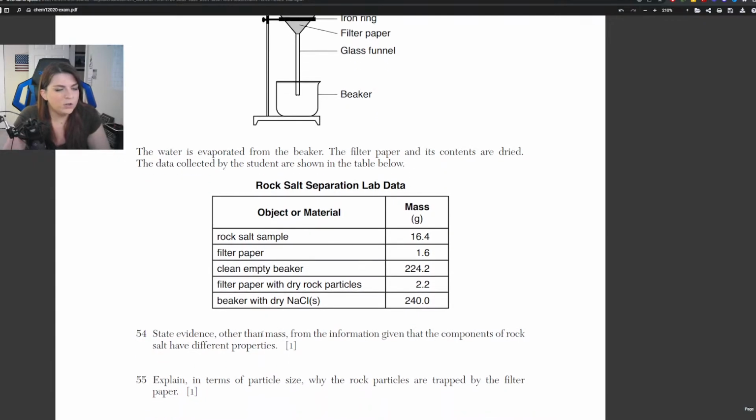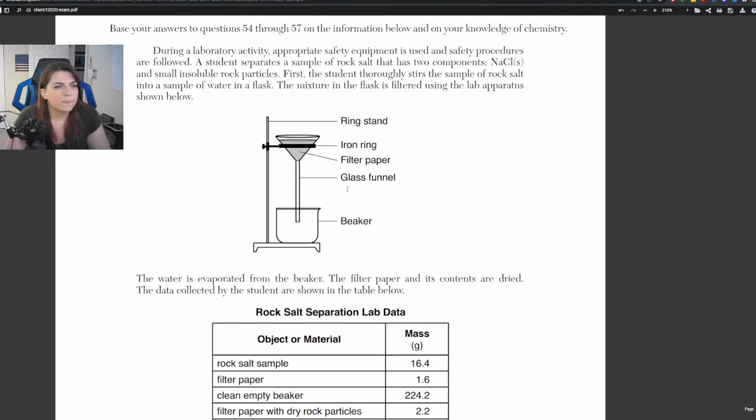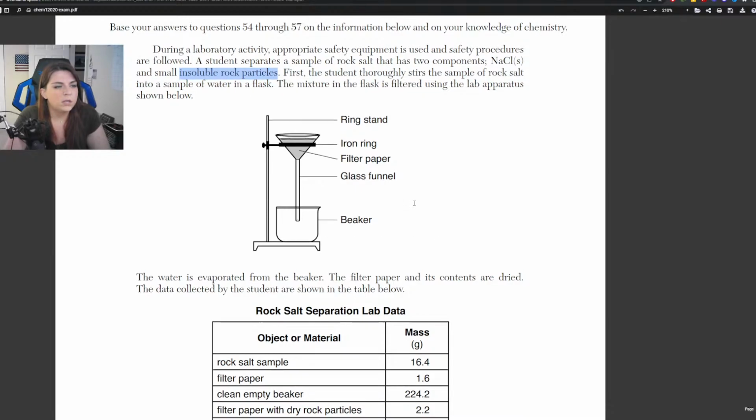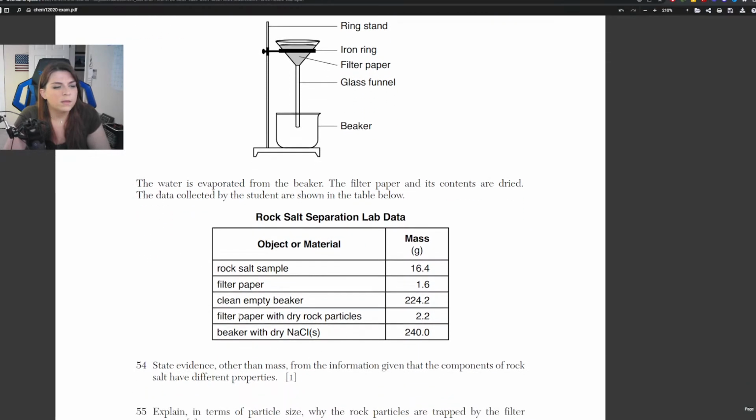State evidence other than mass from the information given that the components of rock salt have different properties. I would just go with insoluble. Rock particles are insoluble. And beaker with dry NaCl.